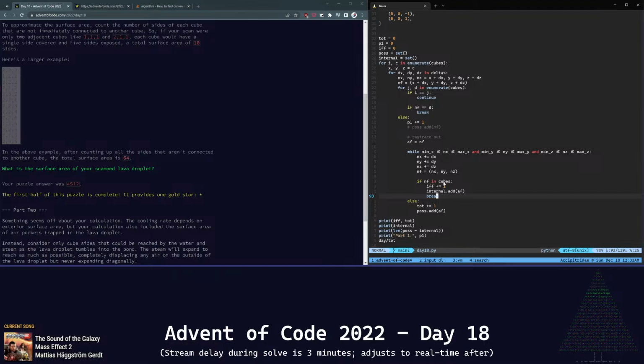Oh, I guess we could be completely internal if... I see. So we're internal if we're surrounded on all sides, then we should nullify that face. Oh, wait. Maybe we can just fill ourselves in.